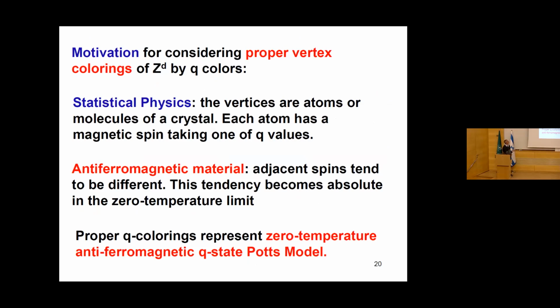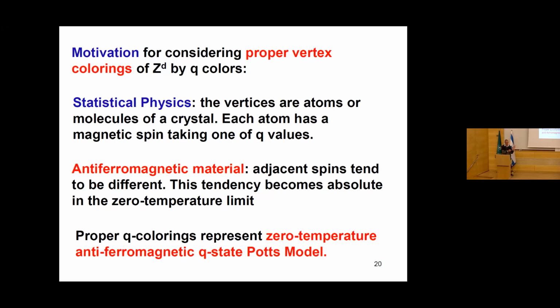We want to consider colorings of the graph of the d-dimensional lattice, which is a bipartite 2d-regular infinite graph, by q colors. And let me just say that the relevant buzzwords here, which are not so important for understanding what I want to say in the next 2 or 3 minutes, are that the proper q-colorings of this graph represent a zero temperature antiferromagnetic q-state Potts model.